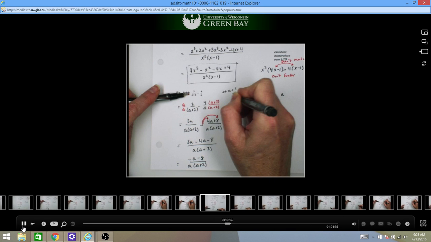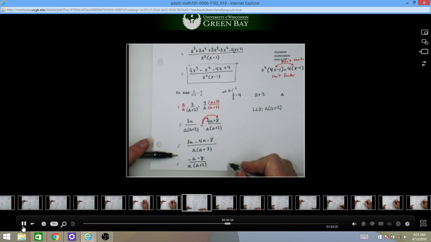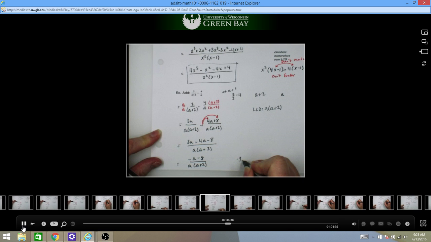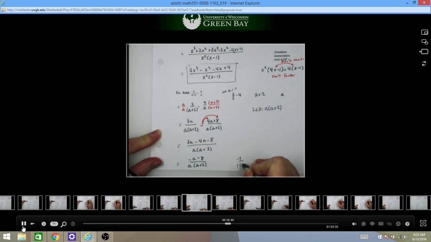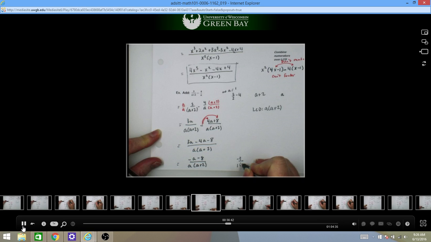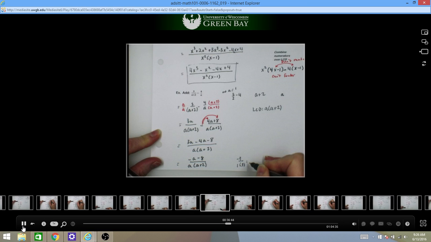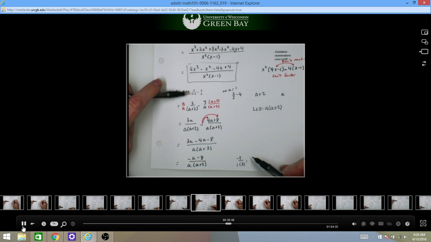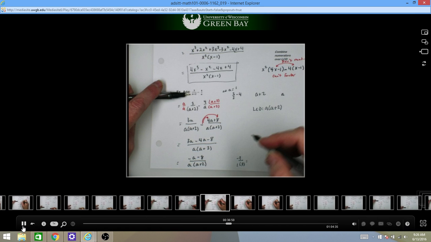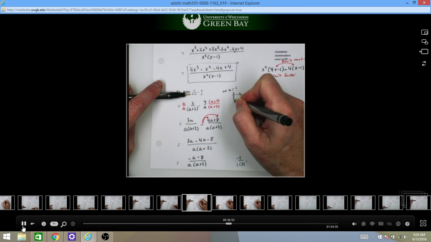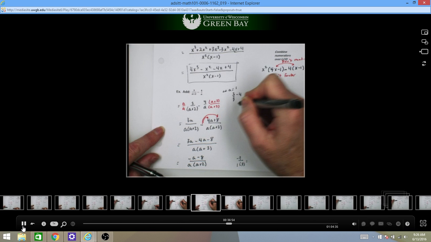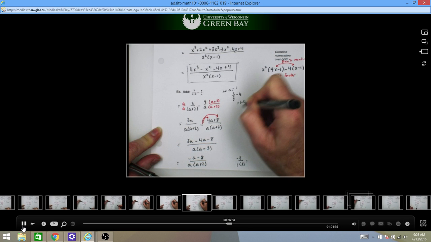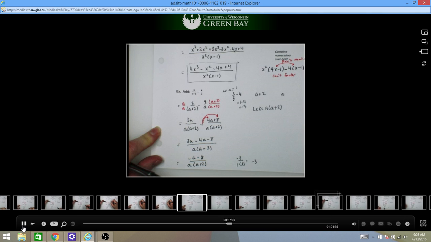And if a is 1 down here, you'd have negative 9 over 1 times 3. A is 1, I just picked the number randomly. Okay, so we have 1 minus 4 is negative 3, which is in fact what we have here. So we're just rearranging.